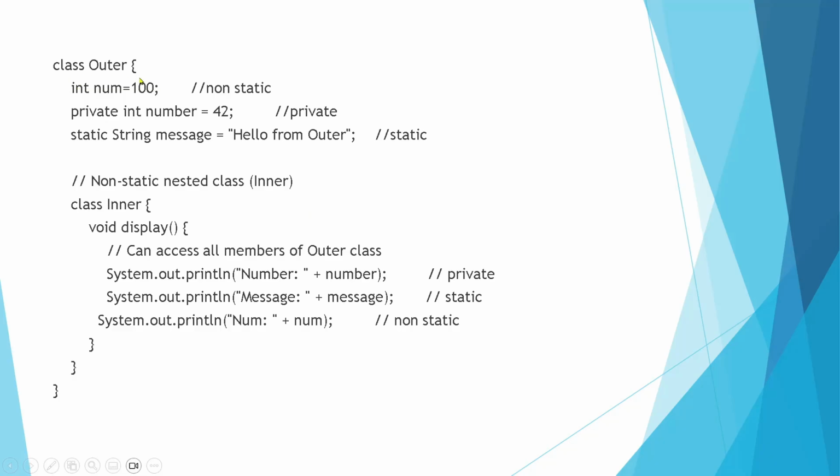It shows class Outer, and inside that outer class, an inner class is taken. Okay, means the class having the name Inner. Before this class, I have not written the keyword static. It means that this is a non-static nested class.